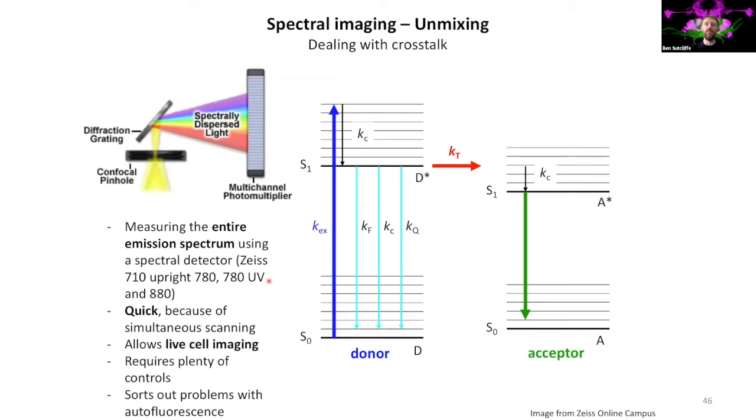One way to simplify your approach to sensitized emission FRET is to use spectral imaging and then unmixing. This is where you detect the whole spectrum at once. We have 4 systems at the LMB which allow people to do this.